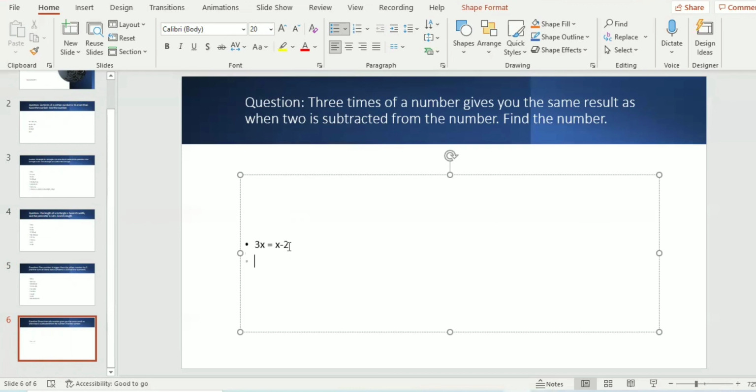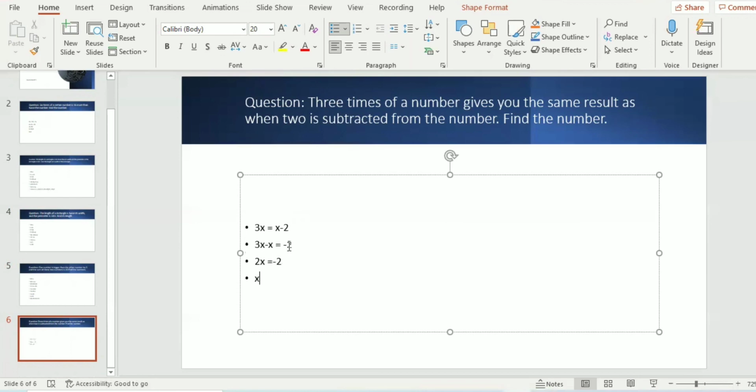Here we have 3x, and this x is going to the other side, so it becomes minus x, and we are left with 3x minus x is equal to minus 2. So here we have 3x minus x, which is equal to 2x is equal to minus 2.